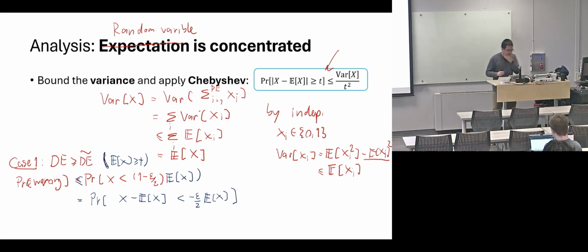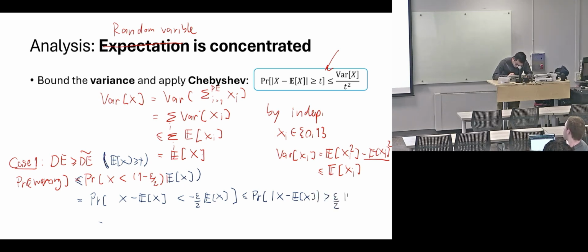And now I can make it look like something I can use Chebyshev on, which is just to put the absolute value here. The probability, and now I can apply Chebyshev.